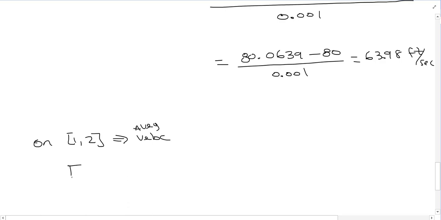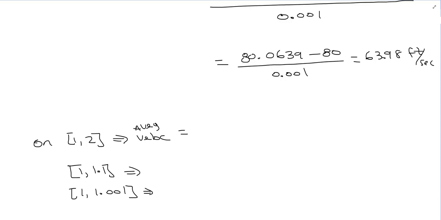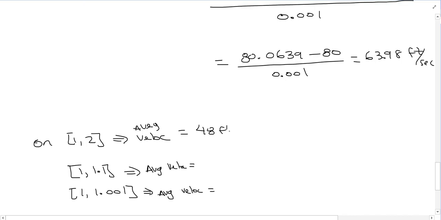And then same thing for the interval 1 to 1.1, what's the average velocity? And then 1 to 1.001, what was our average velocity? So on 1 to 2, our average velocity was 48 feet per second. On 1.1, our average velocity was 62.4 feet per second.